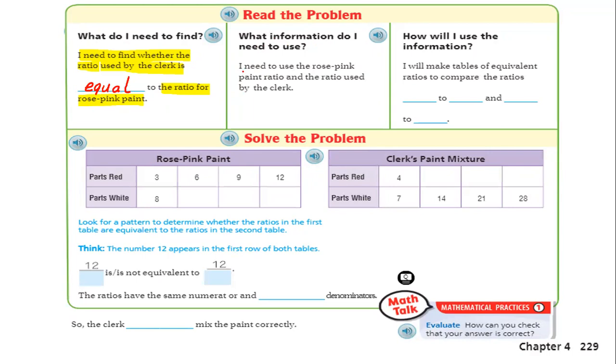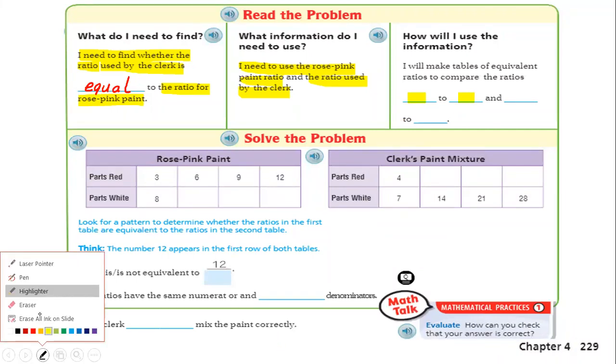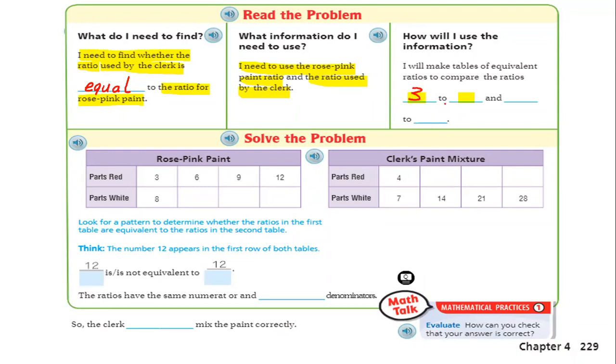Again, I need to use the rose pink paint ratio and the ratio used by the clerk. Do you remember them when I write them up? What is the pink paint ratio? 3 to 8. Excellent, that's right. How will I use the information?